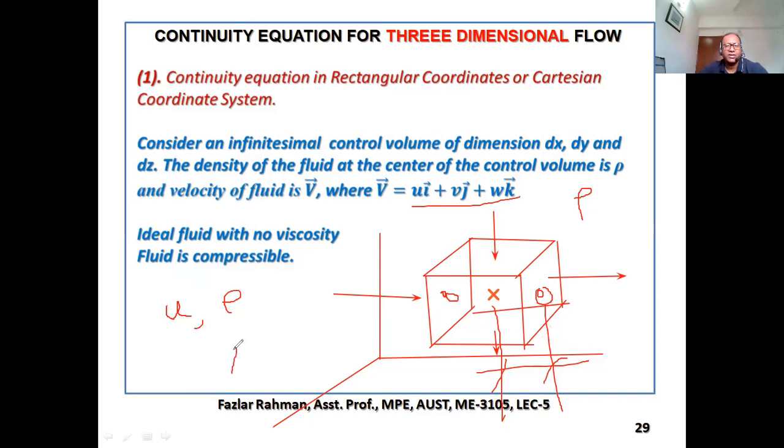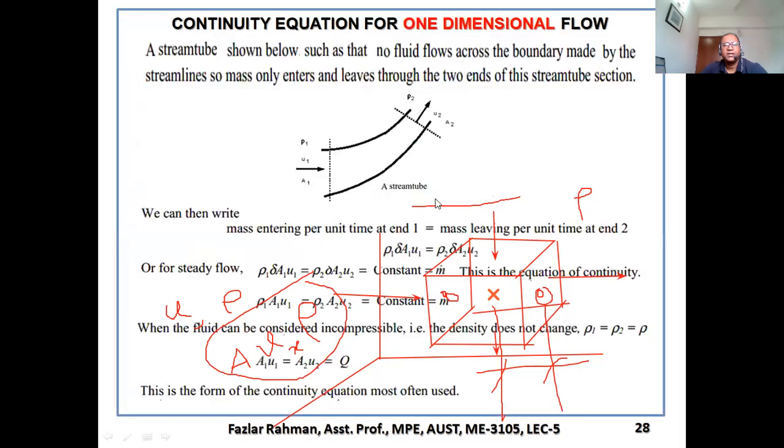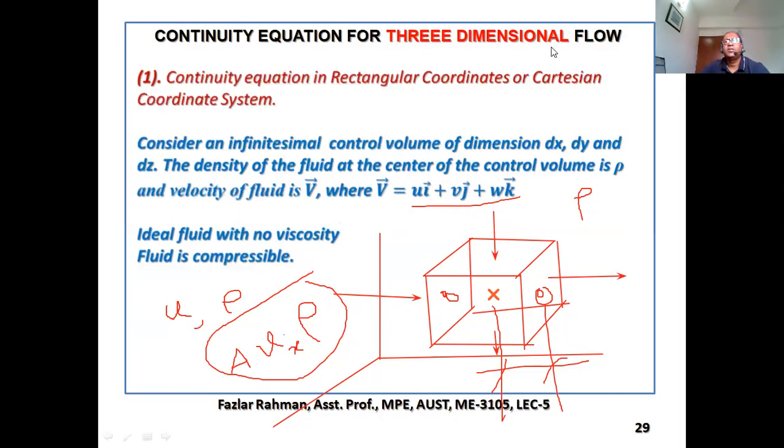Then the velocity along the x-axis, multiplied by the density. What are we getting actually? Rho A U: density, area, and velocity give you the mass flow rate. Then mass in minus mass out gives the mass remaining inside the control volume.